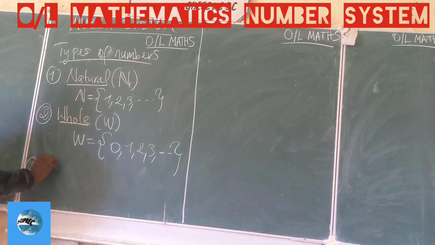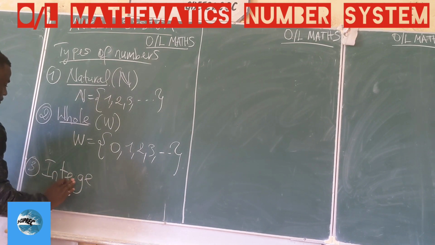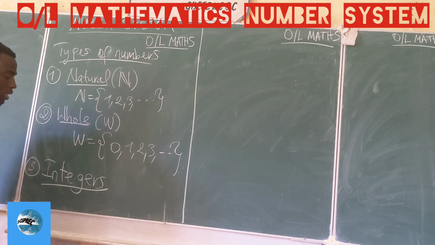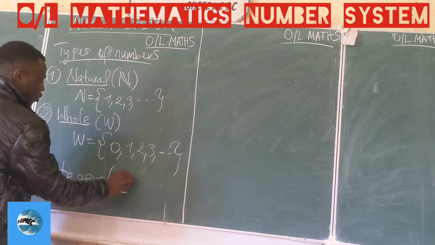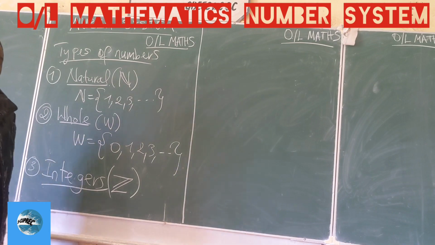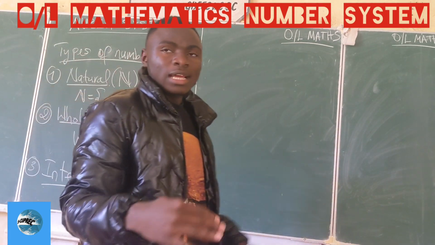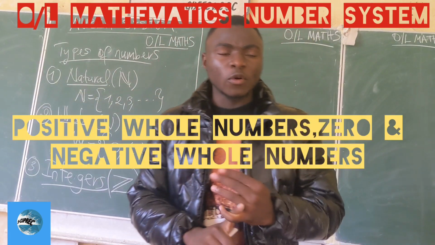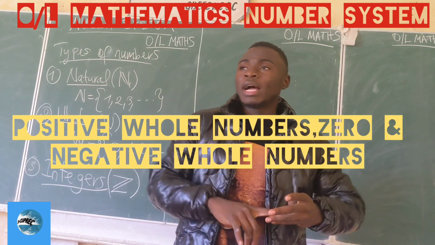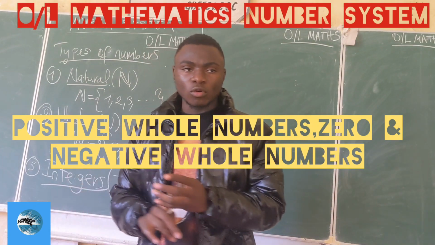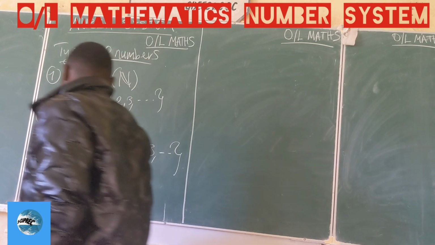So the third, we're going to look at the integers. We're going to represent it by this symbol. Now, what do we need to know about integers? They are simply what? They include positive whole numbers, 0, and negative whole numbers. Okay? So, what do we mean?